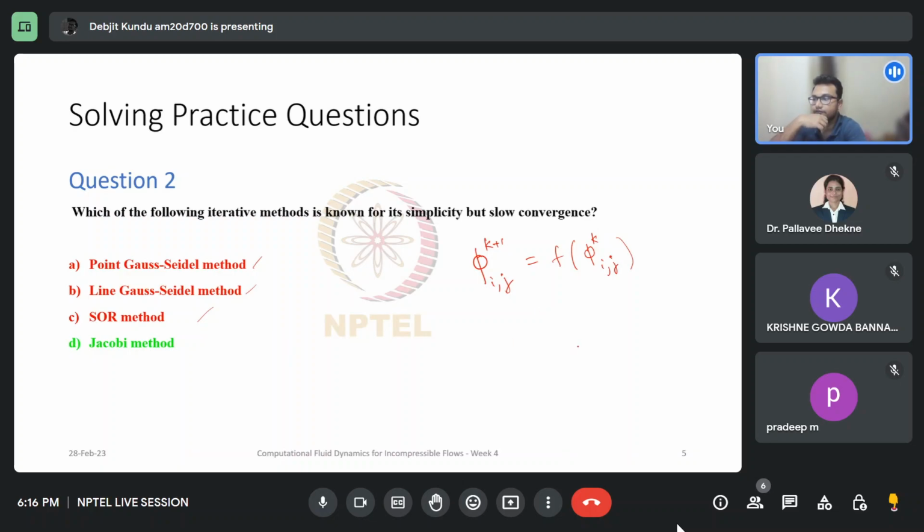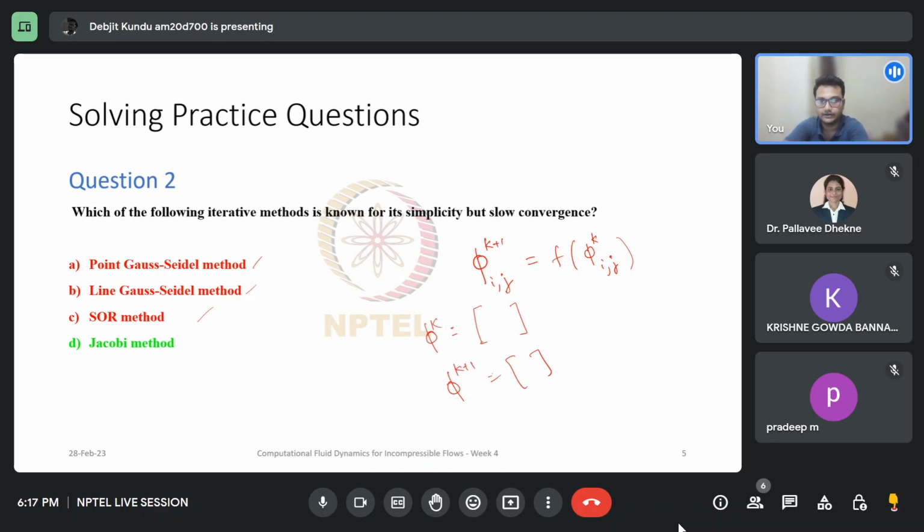So what you have to do is save different arrays, one with the previous value of k and another one with the new values, and while calculating this one, only the values from this older array of phi are used, which belongs to the kth iteration.